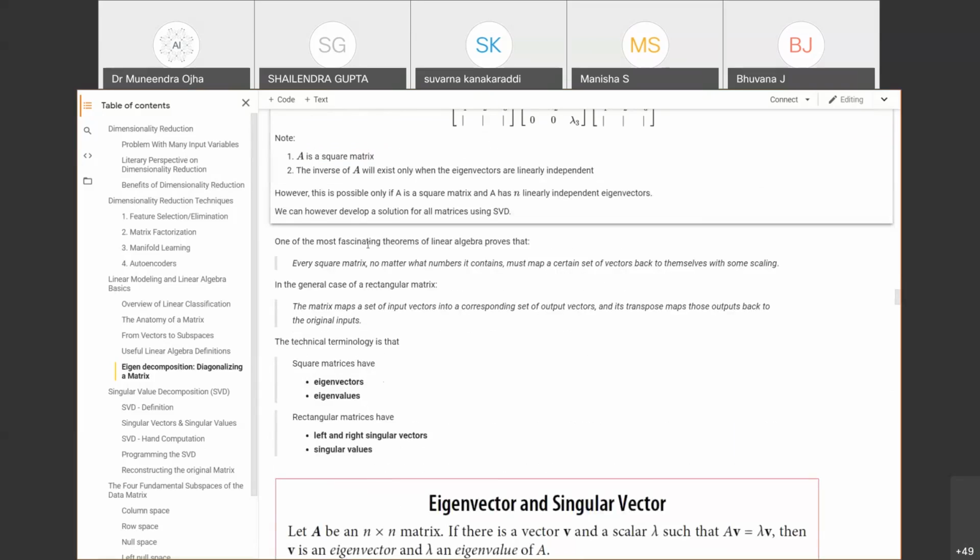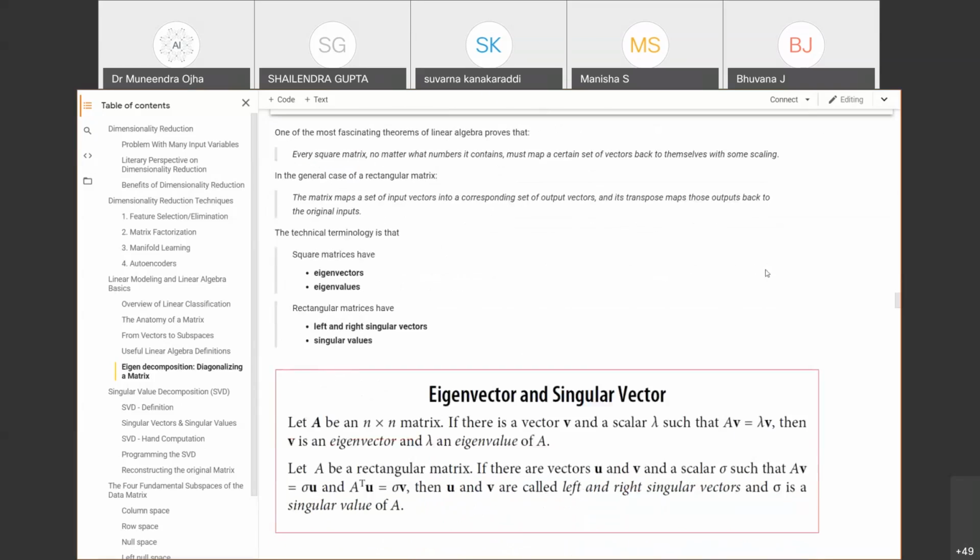Now, one of the most fascinating theorems of linear algebra proves that every square matrix, no matter what number it contains, must map a certain set of vectors back to themselves with scaling. And this is actually the equation of eigen decomposition.